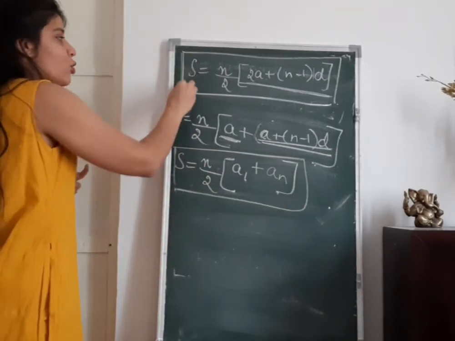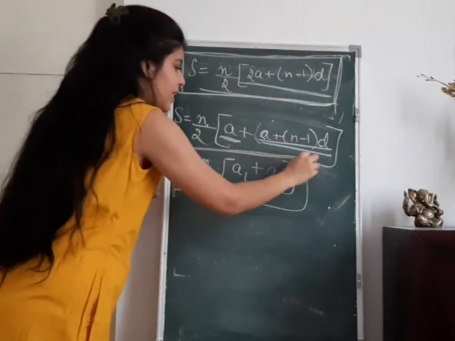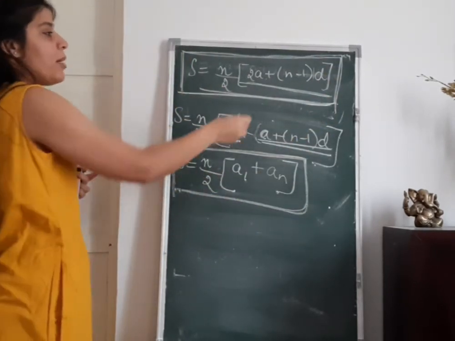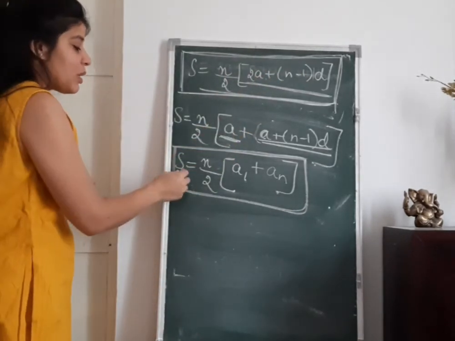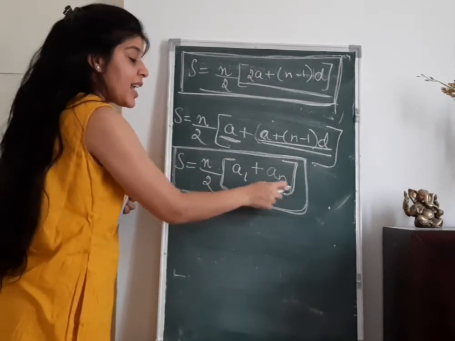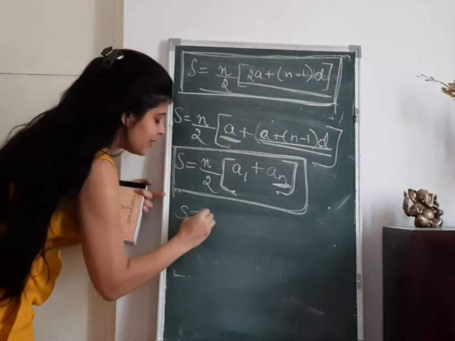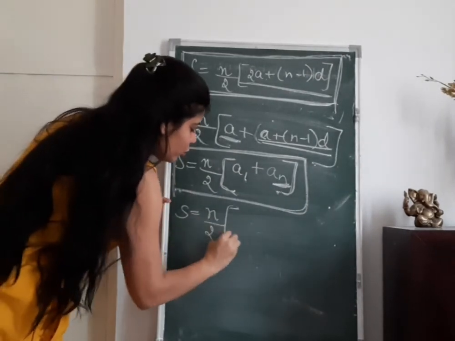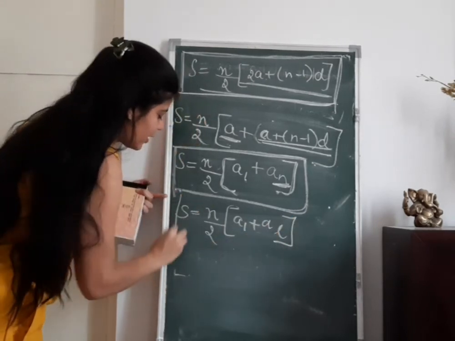So these two are the general forms of an arithmetic progression, where S is equal to n upon 2 into 2A plus n minus 1 into D, or S is equal to n upon 2 into A1 plus An, and An is also the last term of this arithmetic progression. So it is one and the same thing.